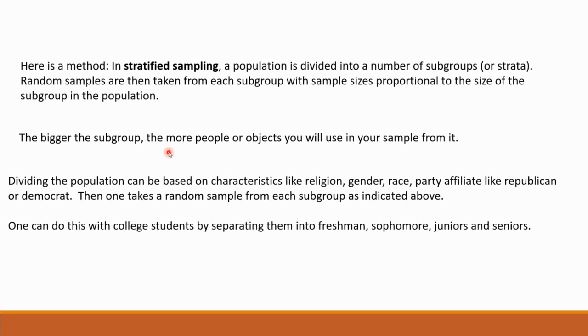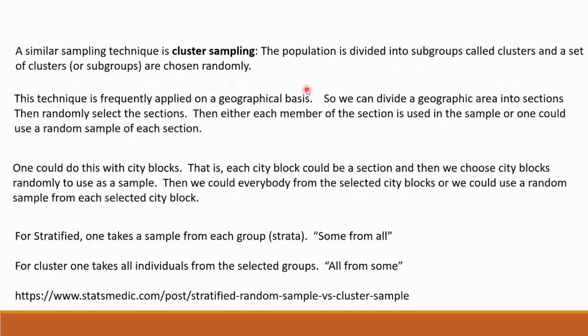The reason I'm emphasizing taking a sample from each subgroup is because you have this thing called cluster sampling, which is very similar, but you're not taking from each subgroup, you're taking some of those subgroups. That's what cluster sampling is. So with cluster sampling, you would break up the population into subgroups.